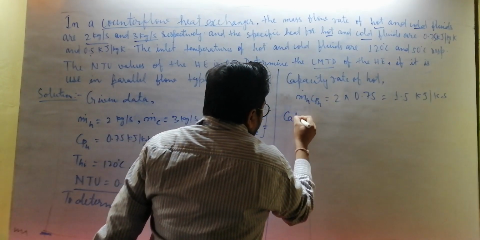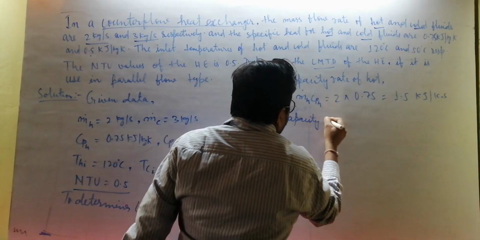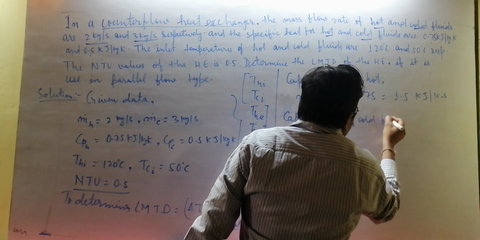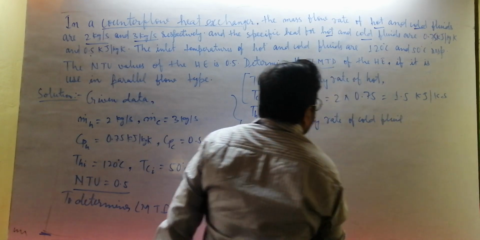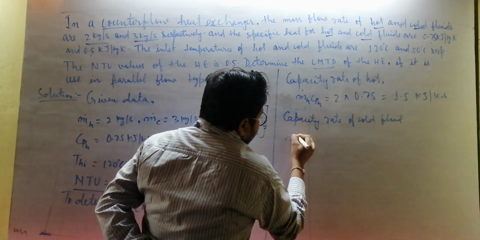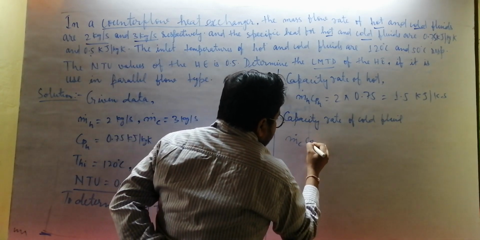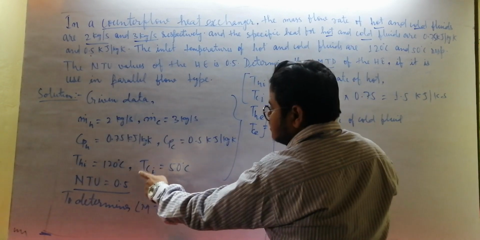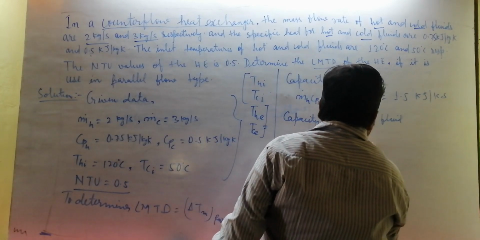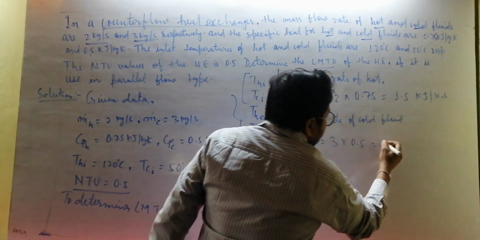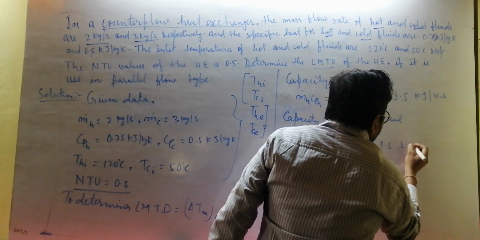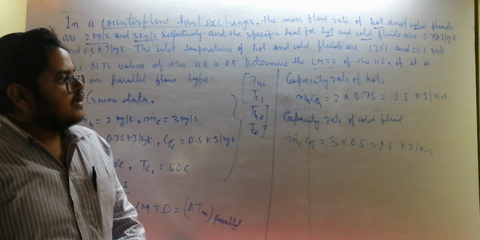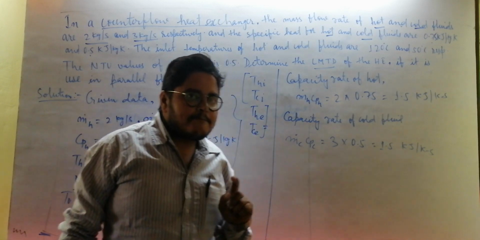Next, the capacity rate of cold fluid is m dot c Cpc. That value is 3 into Cpc 0.5. This will also come to 1.5 kilojoule per Kelvin second.